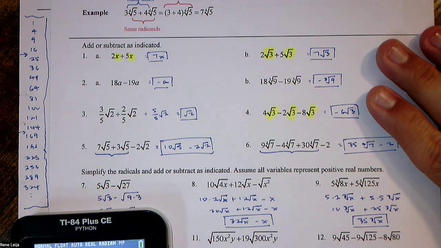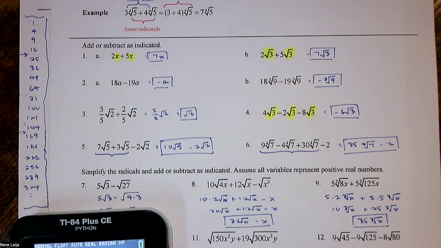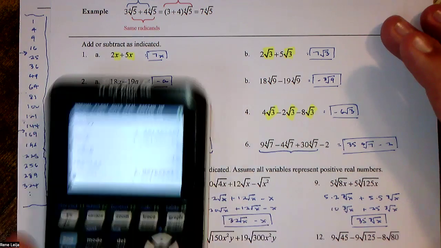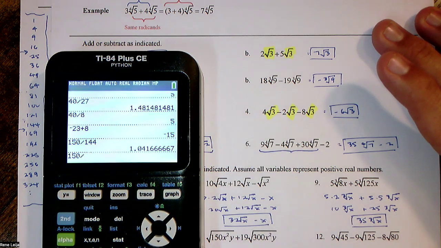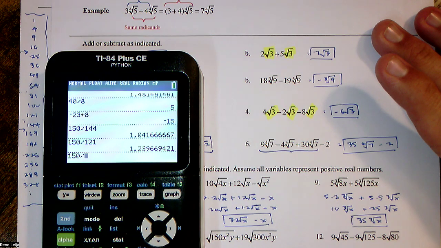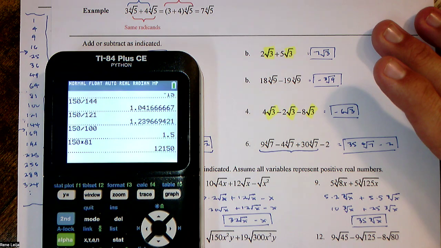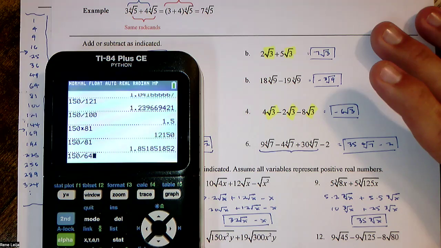So 150 divided by 144, well, I know that's not going to happen. Okay. And then 150 divided by 121, no. 150 divided by 100, no. 150 divided by 81, no. Oops. 150 divided by 64.